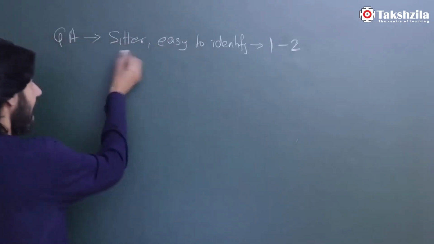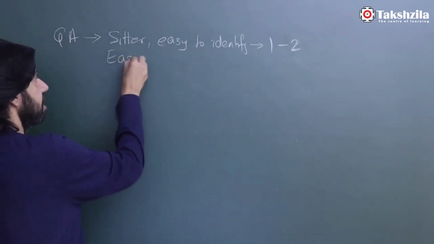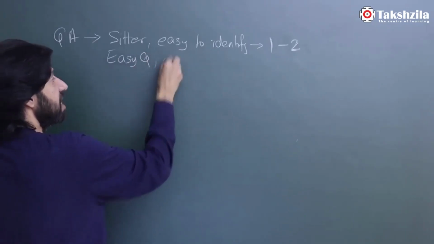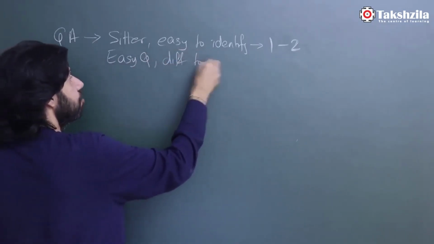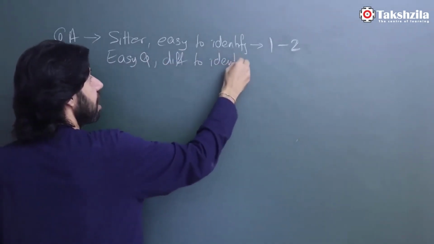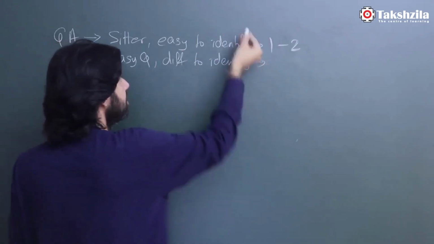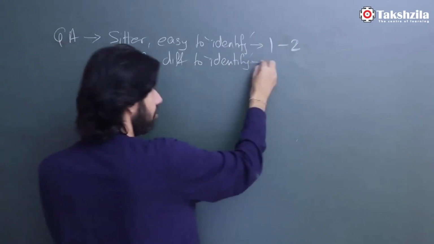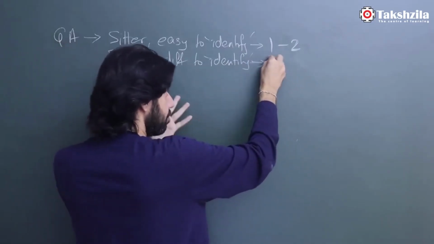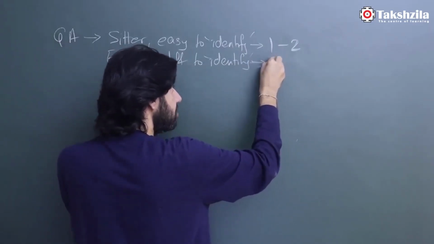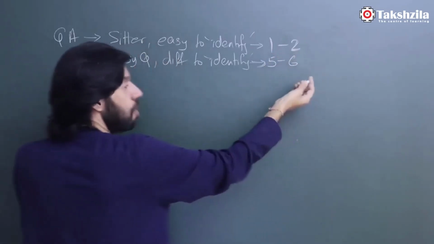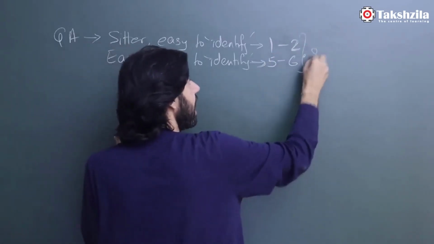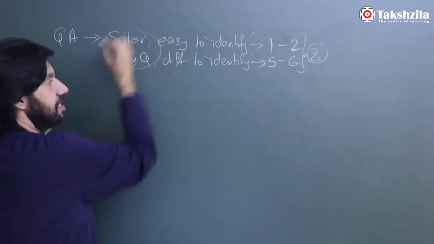Okay, there are other easy questions, but they are very, very difficult to identify. This observation, students, I'm going to spend a lot of time on now. But before that, these questions were as few as 5 to 6. So in all, they are just 8 in number, easy questions.